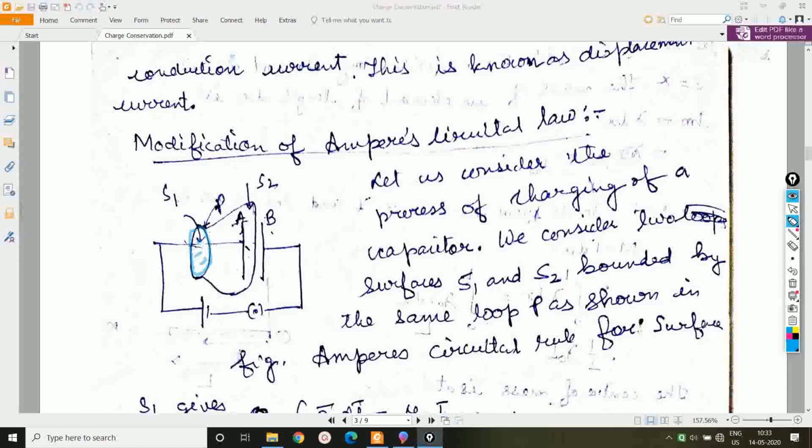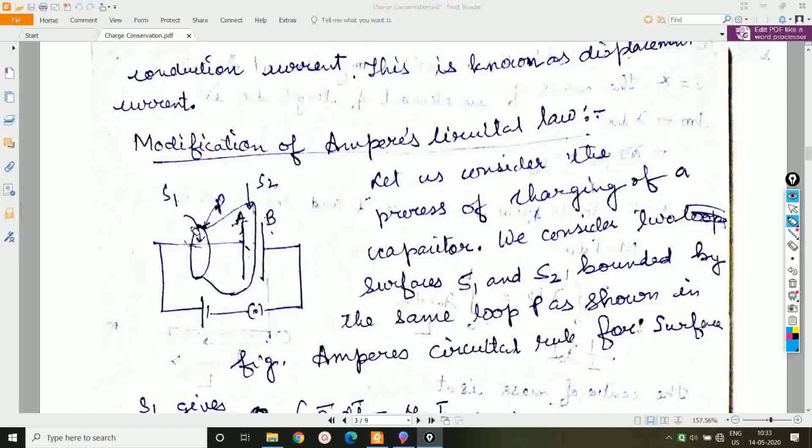This is S1, and there is another surface, this pot shaped one, that is S2. So you will note that within the same loop we have two surfaces, S1 and S2. A name P is given to the loop.